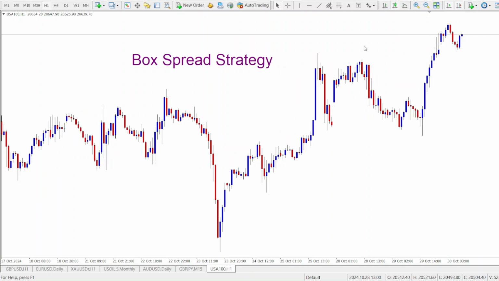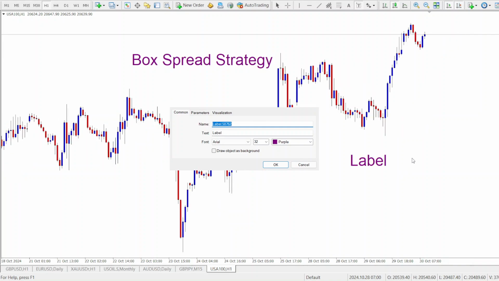Because this is the MetaTrader 4 platform, I don't really have those options of buy a call, sell a call, buy a put and sell a put. So instead, I'm just going to be writing these points that you need to watch out for.